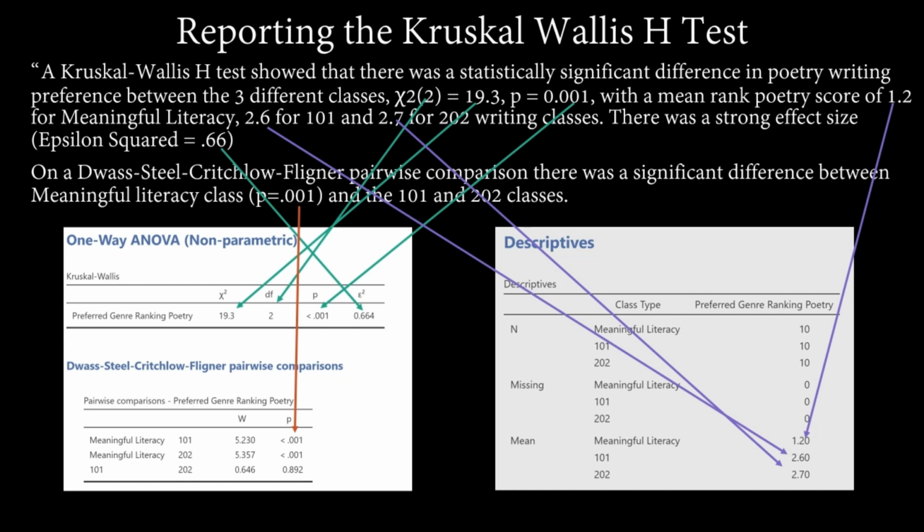The final thing you do here is report on the post hoc test, the Dwass, Steel, Critchlow, Fligner pairwise comparison, and in this case there was a significant difference between meaningful literacy and the 101 and 202 classes. I've added in here the arrows so you can see exactly where to find each of the different statistics that you need to report. I hope this video has been useful for you.